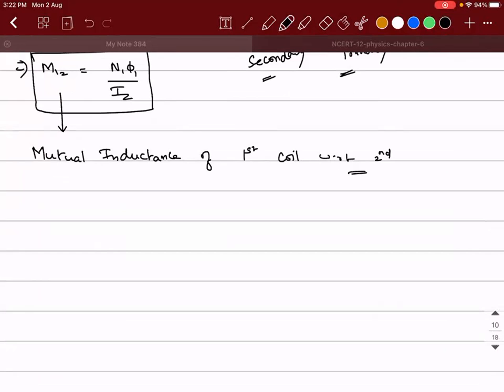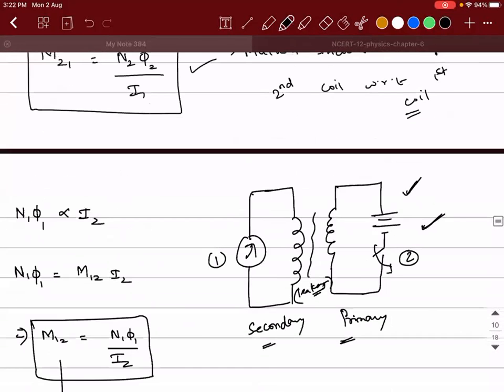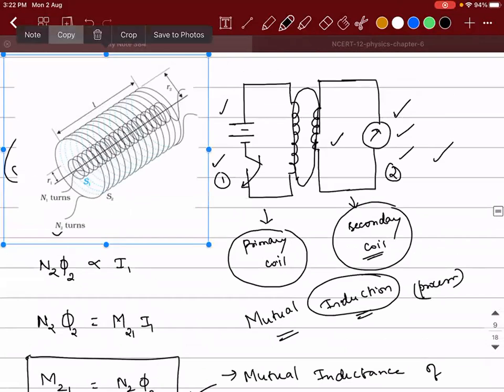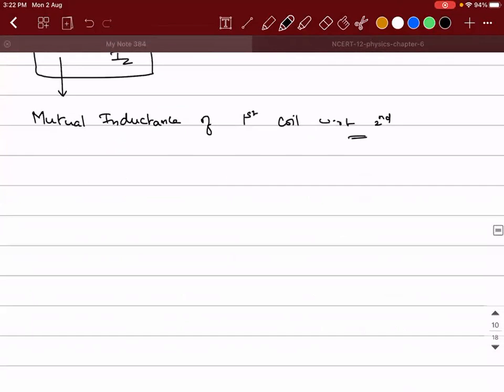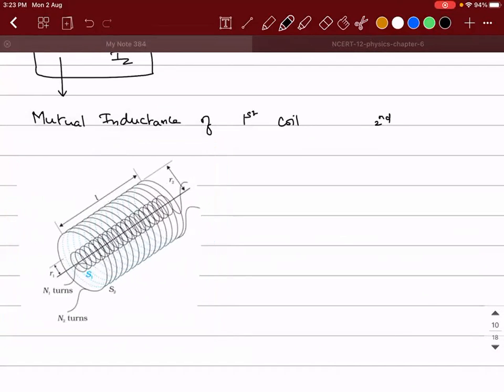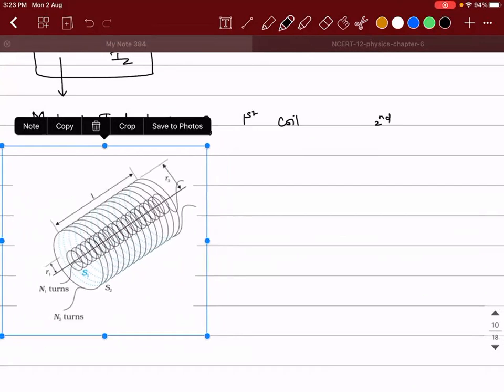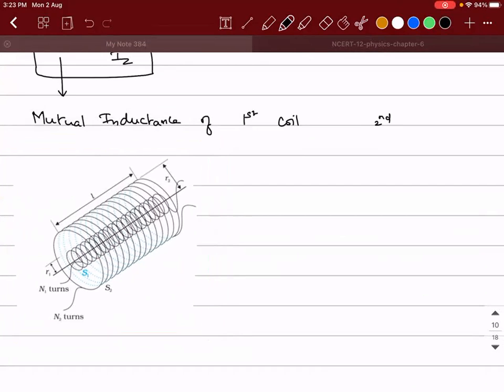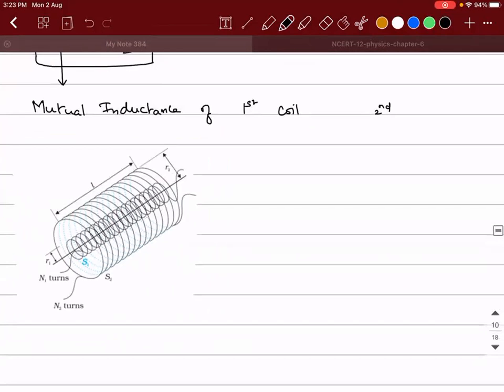Now I'm moving on to the derivation part. Let me take this diagram and copy it. Now listen.